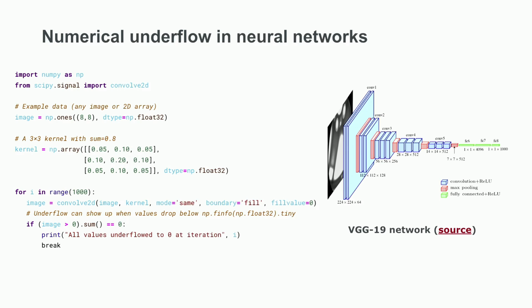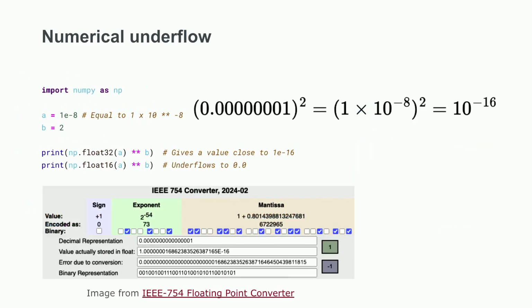If we apply this convolution 1,000 times, each iteration is going to multiply the values by less than 1, making them progressively smaller. The code is checking when all of the values have become 0 due to the computer's inability to represent extremely small numbers. This mirrors the vanishing gradient problem in deep networks. And the VGG architecture on the right reminds us of a situation where this might happen in a real network through repeated application of convolution operations.